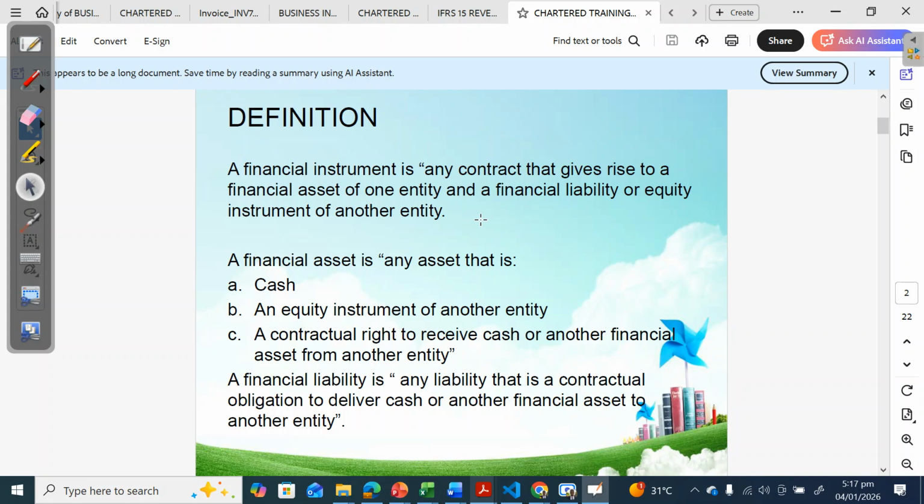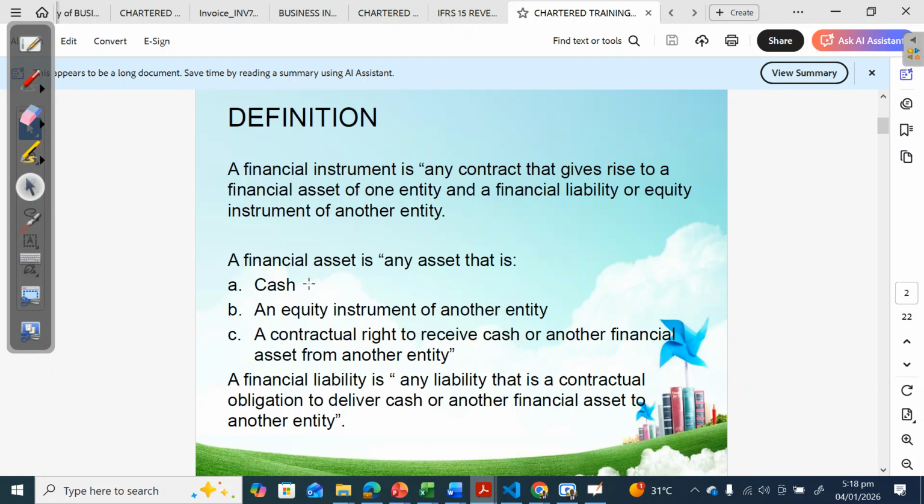Examples are a loan or a corporate bond, or equity instruments like shares. It's always between two parties. One person will record a financial asset. One person will record a financial liability or equity.